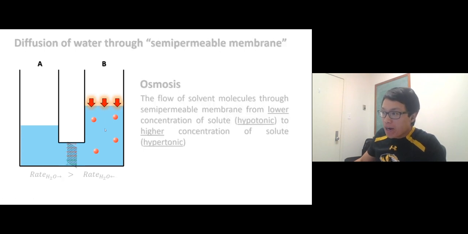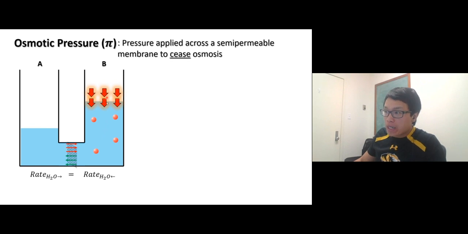The weight of the water height in compartment B pushes backward. So the rate of osmosis from A to B gets slower and slower until it stops. The pressure from B that pushes back to A and stops osmosis we call osmotic pressure: the pressure applied across a semi-permeable membrane to cease osmosis.